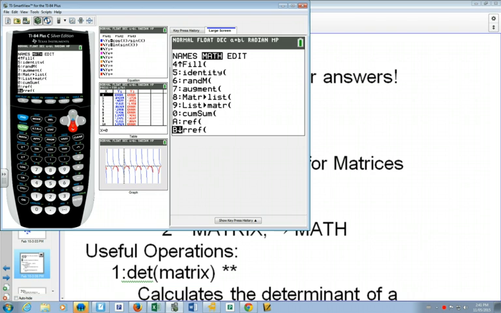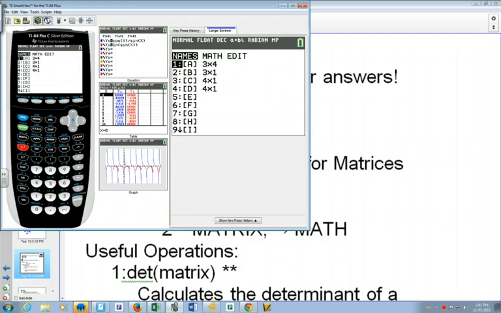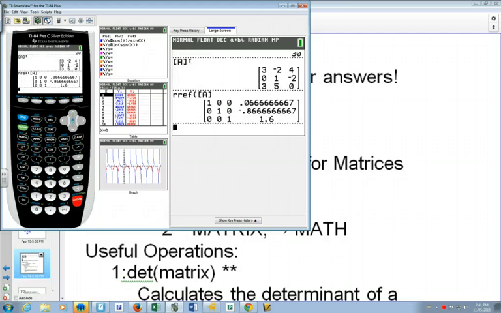So you're going to remember that? Reduced row echelon form. And if we do that, now that I've put a 3 by 4 in there, second matrix A, look at that. It changes the first set into an identity matrix, and it changes the last bunch into some new numbers. Now, if we want to know what actually happened there, what did we do?